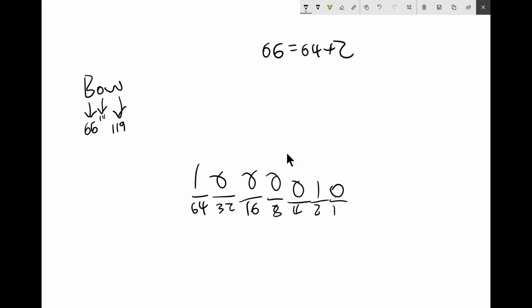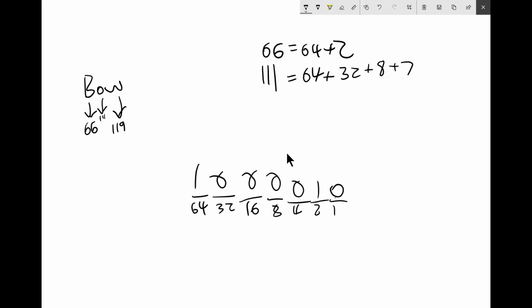Okay, so now let's go to 111. 111 is yet again 64 plus 47. 47 doesn't work, so we do plus 32 plus 15. 15 still doesn't work, so we do 8 plus 7.